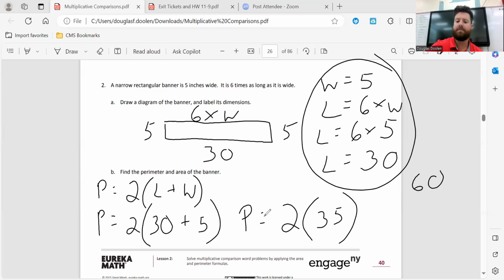What's 2 times 5? 10, good. When we add those together, what do we get? We get 70. So our perimeter, that's the distance around. So if you look at this TV, right? It's the distance around the TV, okay? Our perimeter is 70 inches.